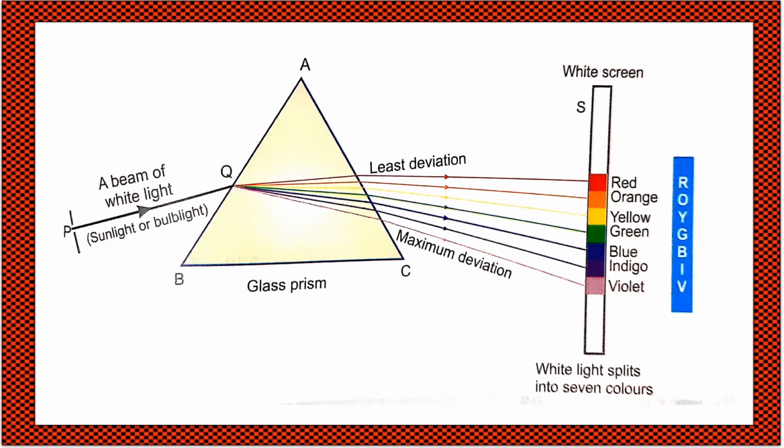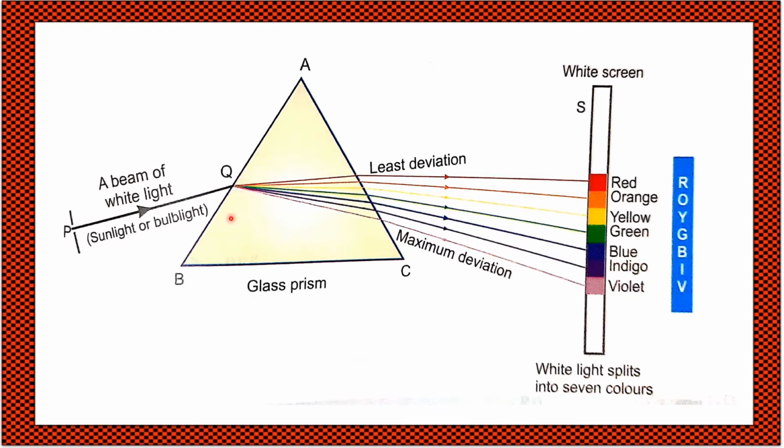In this slide, I'll show you how white light is a mixture of 7 colors. Sunlight or any arc of light, after passing through a narrow slit in a dark room, is made incident on one of the refracting faces of the prism. So AB is the refracting face of the prism.